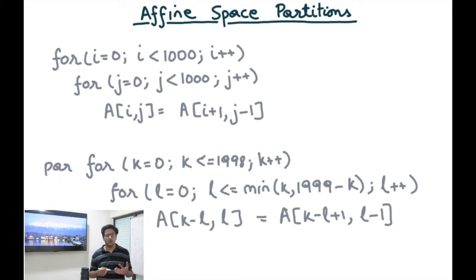Now, how do I claim that? How do I know that there are no dependencies across different iterations of the outer loop, whereas there may be dependencies across different iterations of the inner loop?